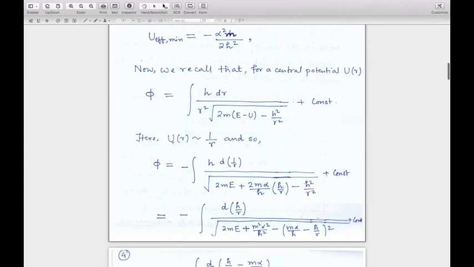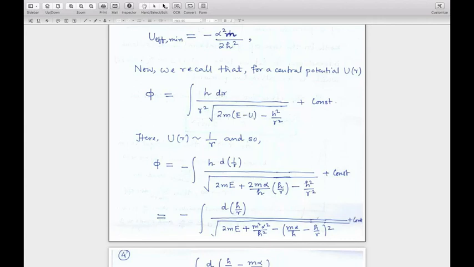Now for the specific case where U(r) varies as 1 by r, we write U equal to minus alpha by r, then minus U will be plus alpha by r. Then we can do two things.